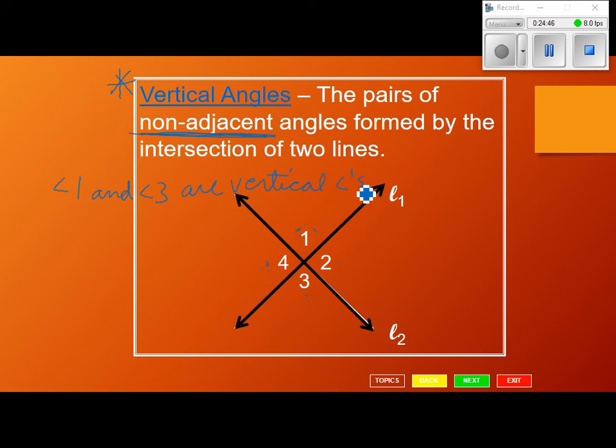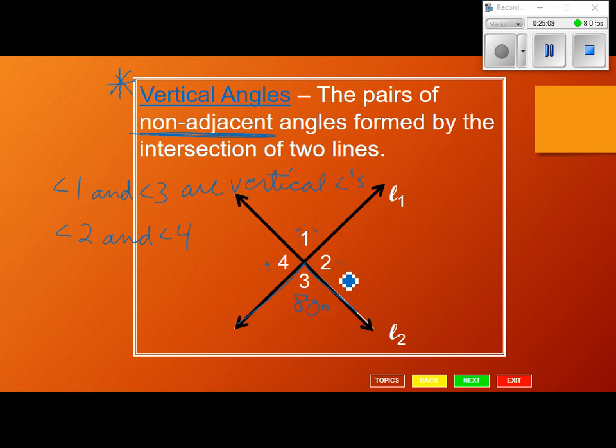The other pair of vertical angles you should be able to pick out, angle 2 and angle 4 are vertical angles. Now the good thing about vertical angles, if I go in here and I put a number in here, let's say angle 3 right here, we'll say it's 80 degrees.